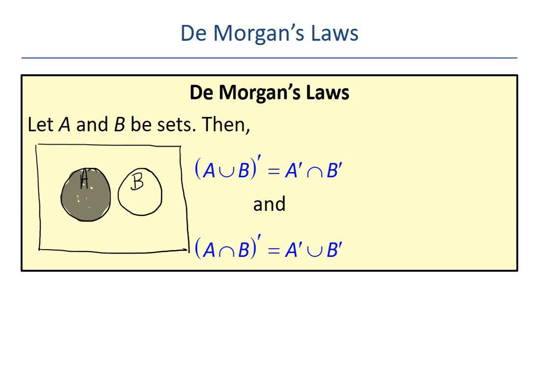So we're going to have the union now of set A and set B, and I'll just color them in. This is set B, and I'm going to color this in here.